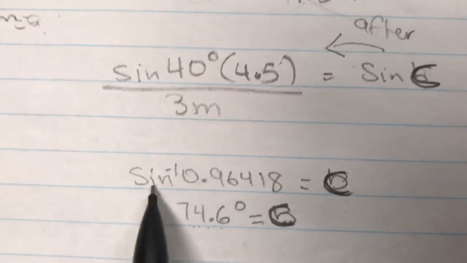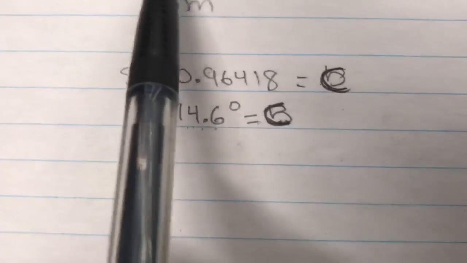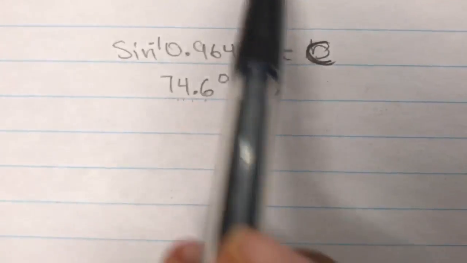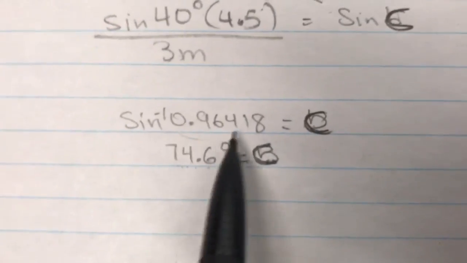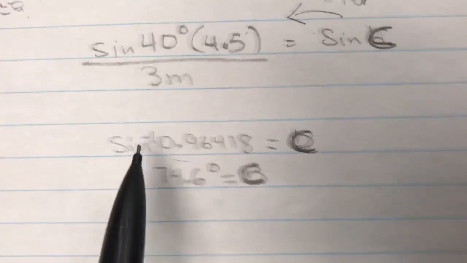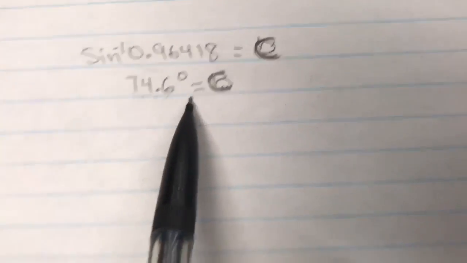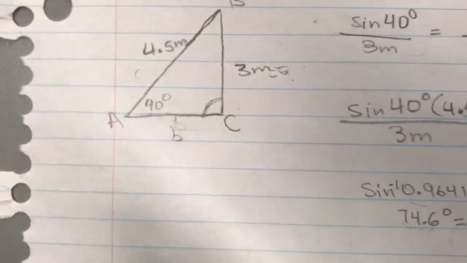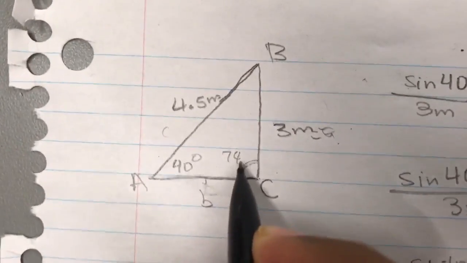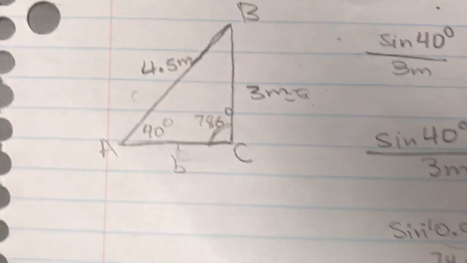Whatever we had over here was calculated and put over here and rounded. So once we sine inverse this, we get 74.6 degrees. And that is the answer to our question. Thank you.